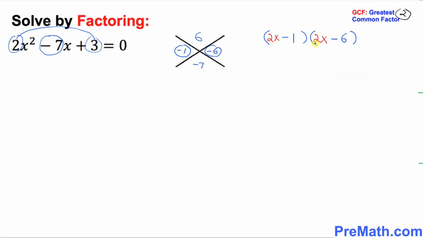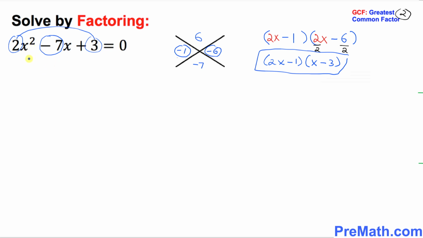So that means you're going to divide both of these terms by 2. That is simply going to give us 2x minus 1, which is the first parentheses. When you reduce it, 2 over 2 becomes 1x minus 3.